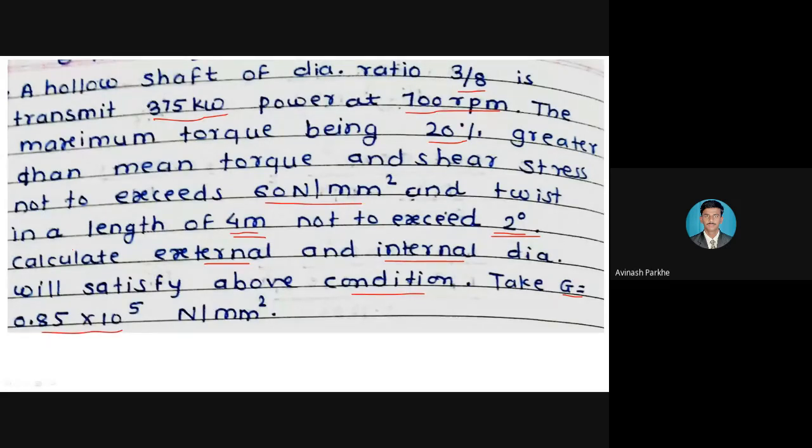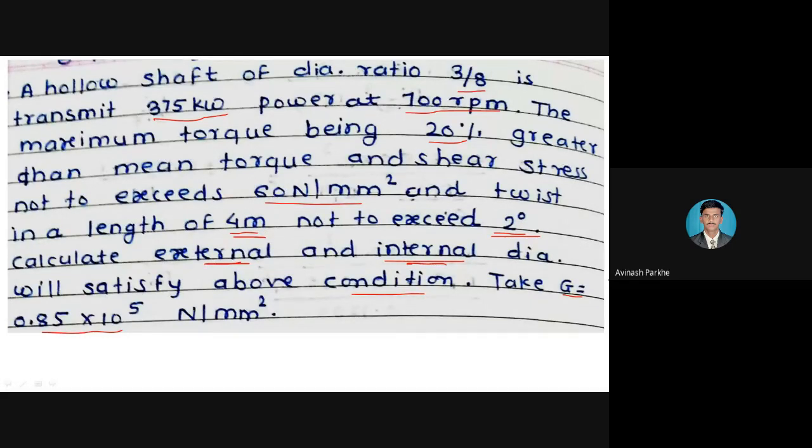The maximum shear stress not to exceed 60 Newton per mm square. That means shear stress is also mentioned in the statement. In addition to that, the length of shaft is given, 4 meter. The angle of twist due to the applied torque, theta, is also mentioned as 2 degree. We have to calculate the external diameter and the internal diameter.